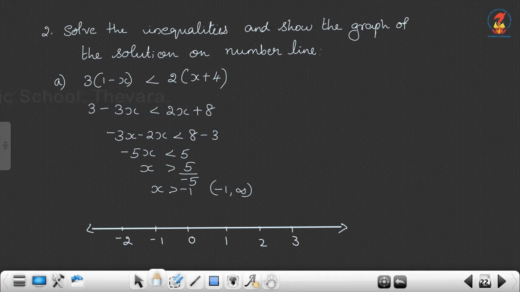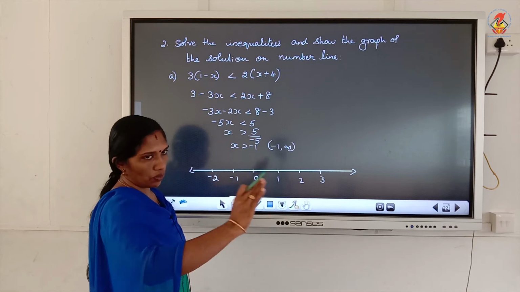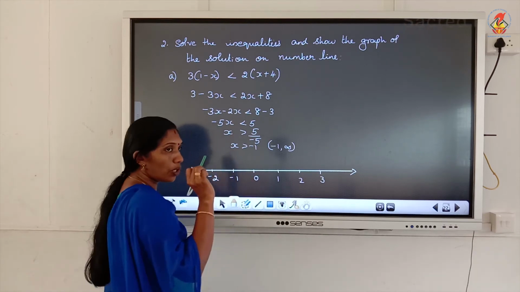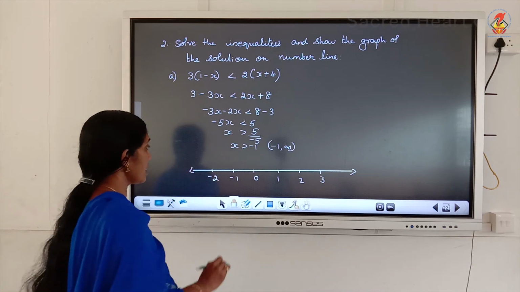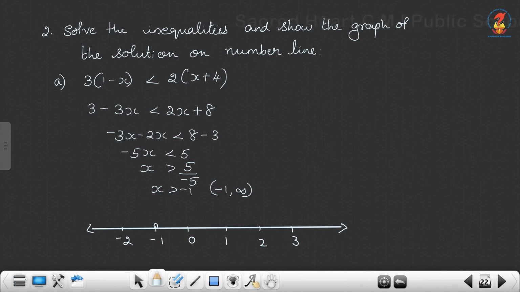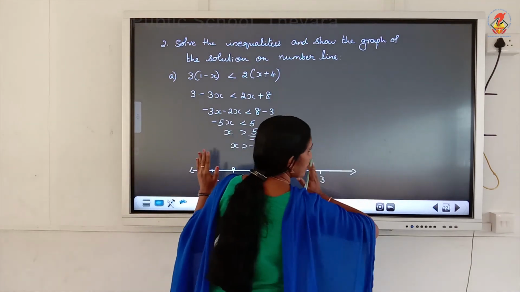Okay. And here the solution is −1 to infinity, but −1 is not included. After −1 onwards, it's a solution. So at −1 you have to draw a white circle. Okay, that means draw a white circle like this. That means that point is not included. Then the solution is the right side. Isn't it? −1 to plus infinity is the right side.